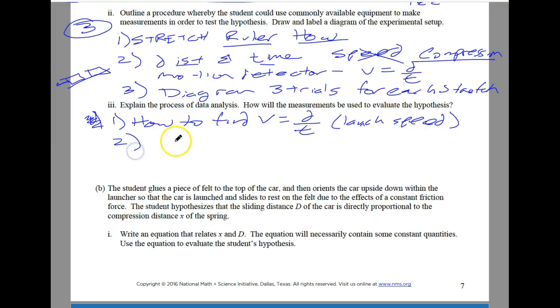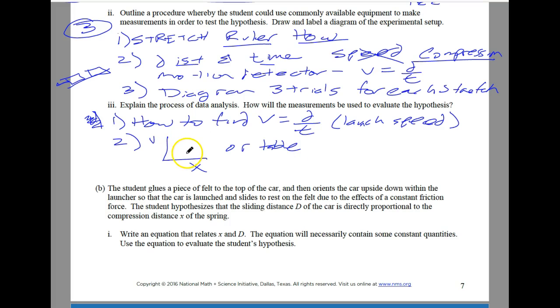Number two, you need to have some sort of representation for spring compression and launch speed. So you need to say you're going to make a graph, and then draw it. But this would be a graph of velocity and position. You could also do a table. Either way, but I think the graph is going to be better.